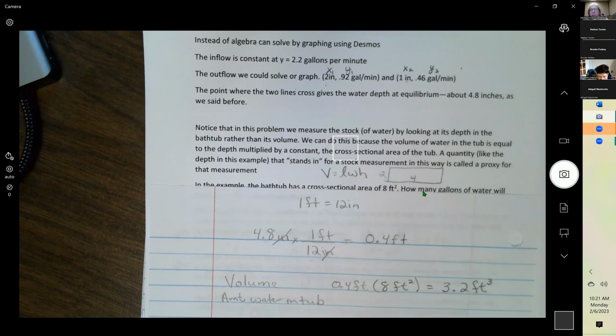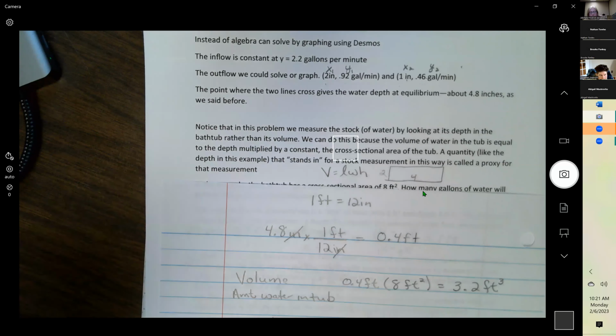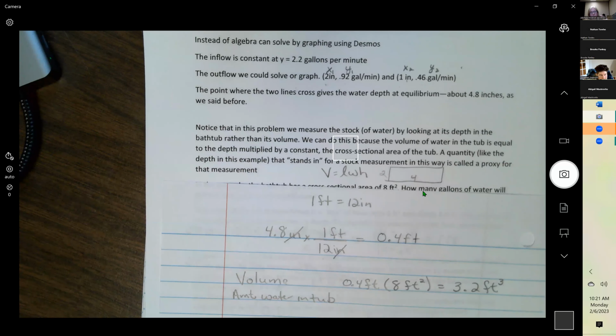I cannot visualize 3.2 cubic feet. I could visualize gallons if I knew the gallons, because I can think of a gallon jug of water. But 3.2 cubic feet sounds small. It's actually not, because 1 cubic foot, I forget now, 1 cubic foot is 7.5 gallons.